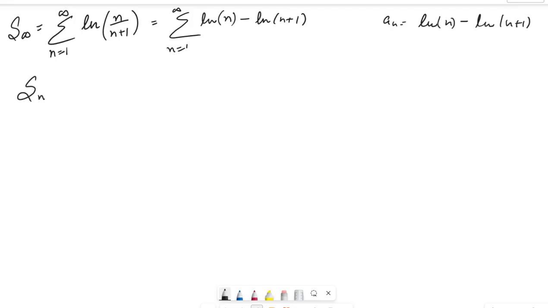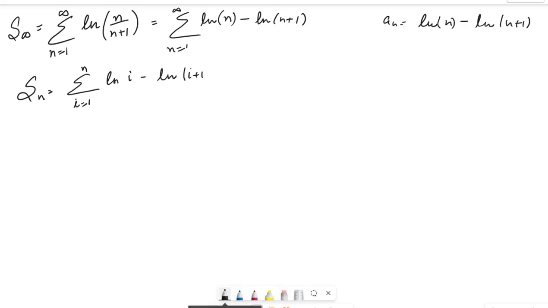If I try to write S_n, it will be the sum of the first n terms of log of i minus log of i+1. Let's write it here.